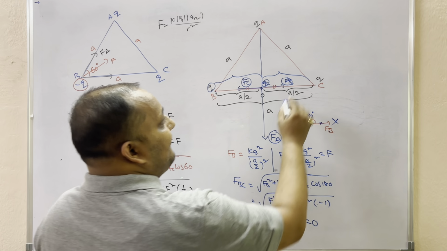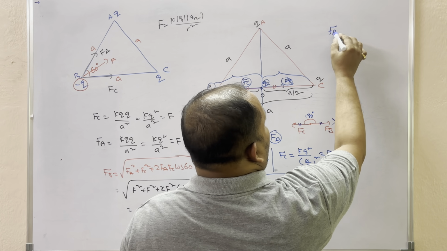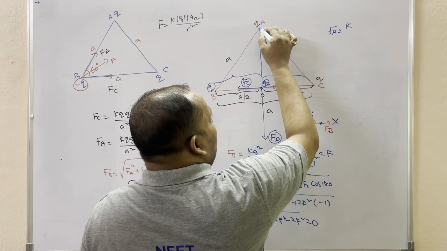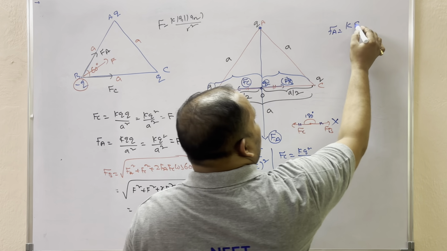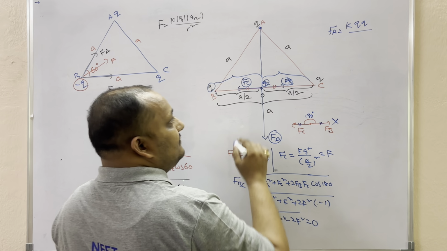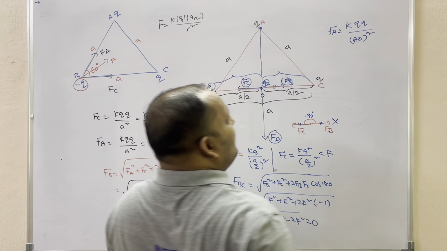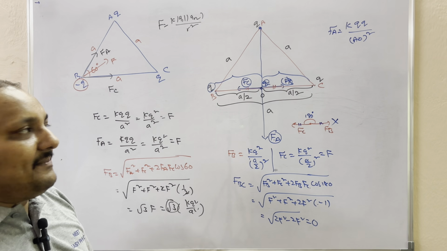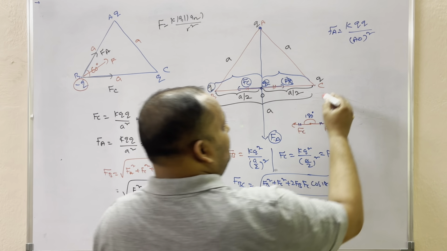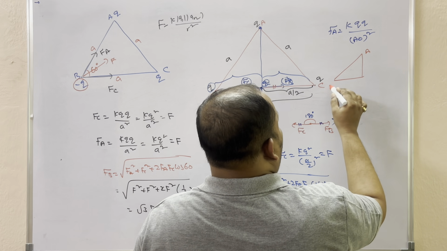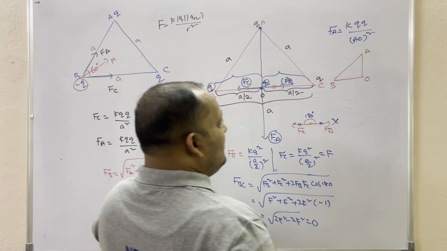So what is FA now? FA is nothing but K into the force between A and O, Q into Q by what is this distance? That is going to be AO square. So what is that AO? That is completely mathematics. If you want to calculate how AO is coming, take A, B, O. What is BO?